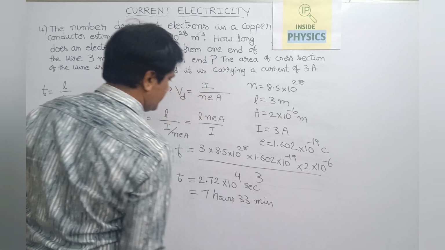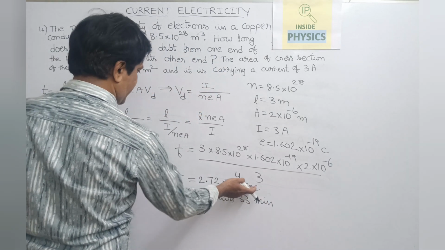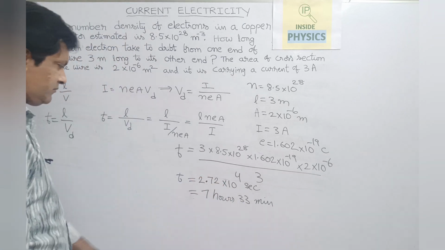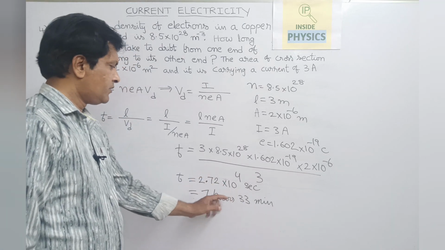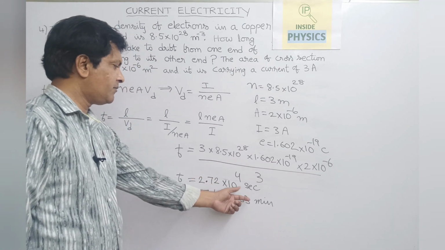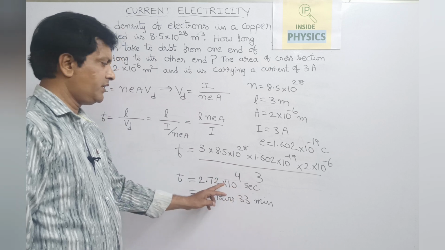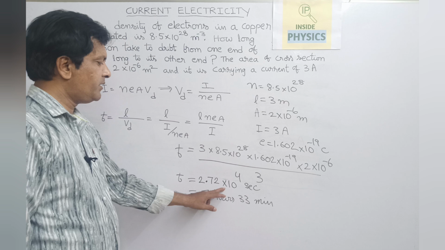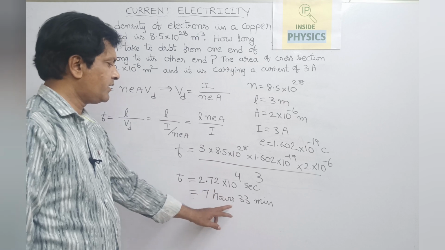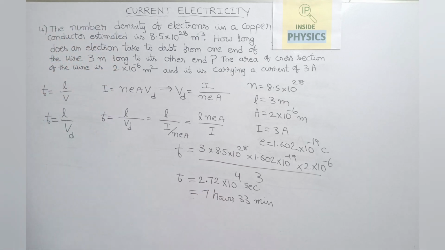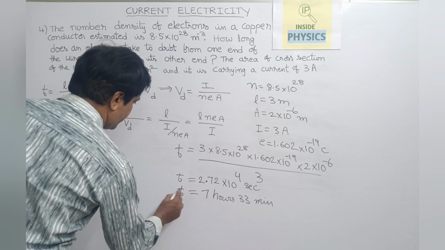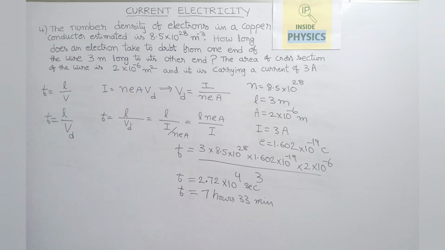You can take it either way, but if you want it in seconds, this is the answer. If you divide this by 60, you will get it in minutes, and if you divide by 60 again, you will get it in hours. So this is the way to calculate the time taken by an electron.